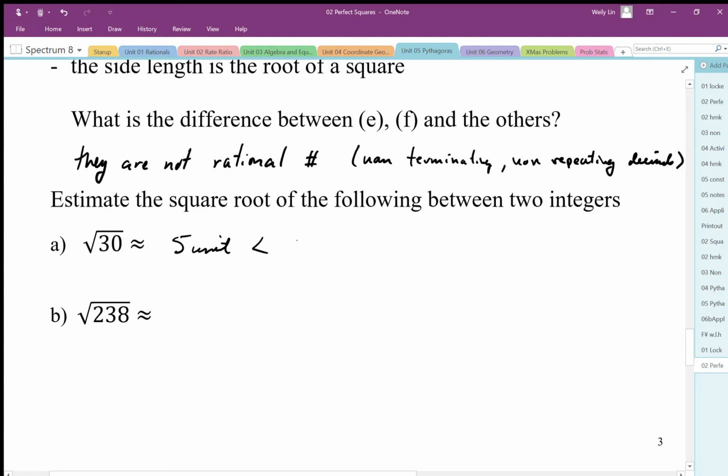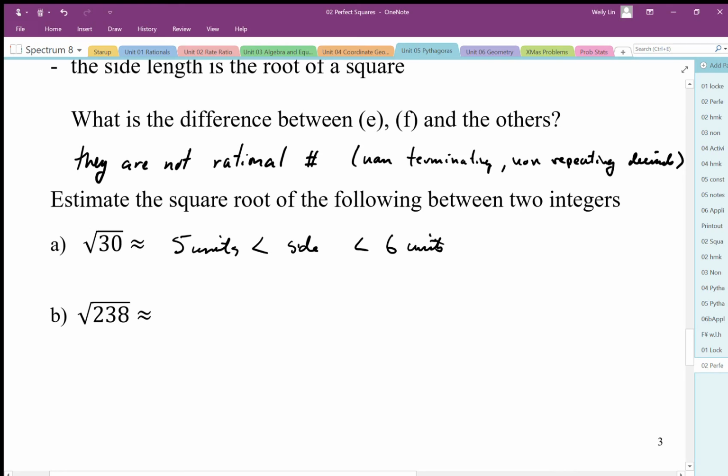Okay, so the side must be bigger than 5 units. But I also know that it has to be shorter than 6 units because it's got to be smaller than a 36 square, which is a side length of 6 units. Okay, so we need to be able to estimate the square root.